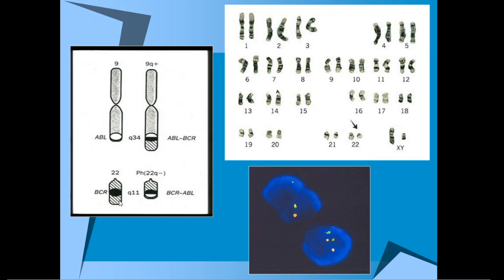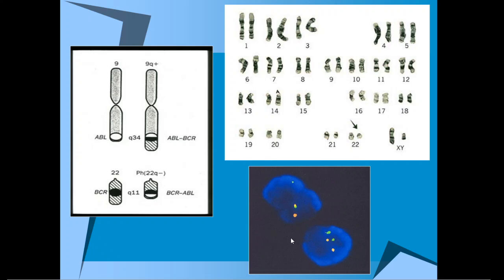These parts go and attach to the long arm of the 9th chromosome, the gene ABL, and make the classical ABL-BCR gene.